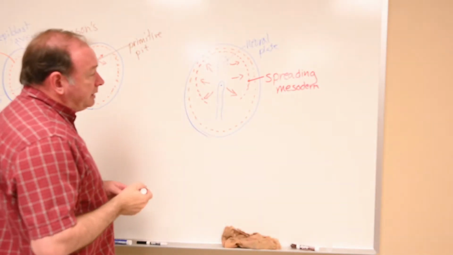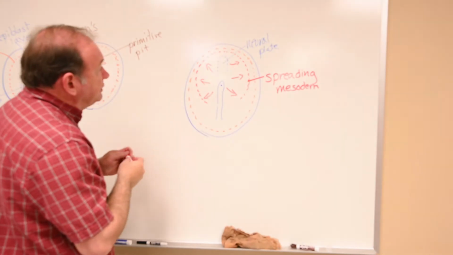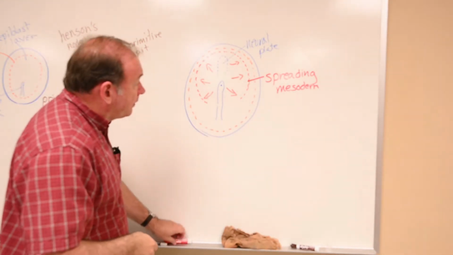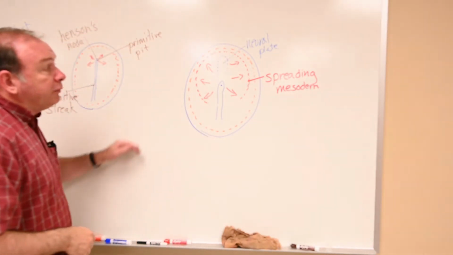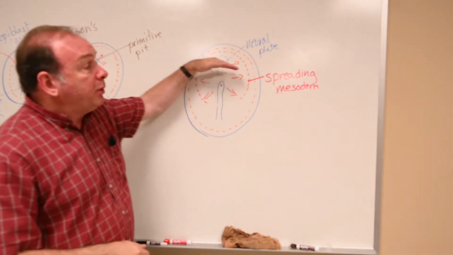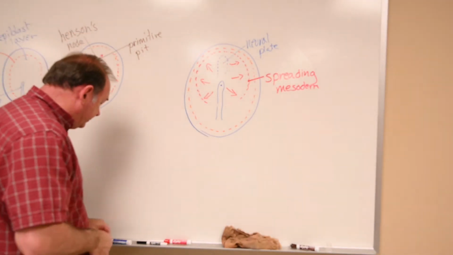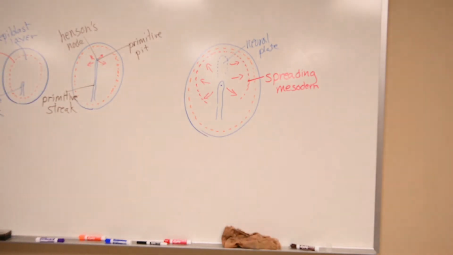Spreading mesoderm layer, and of course under that we have our hypoblast layer. If we were to make a cross section through this portion of the chicken embryo right here, let's make a dotted line through there.